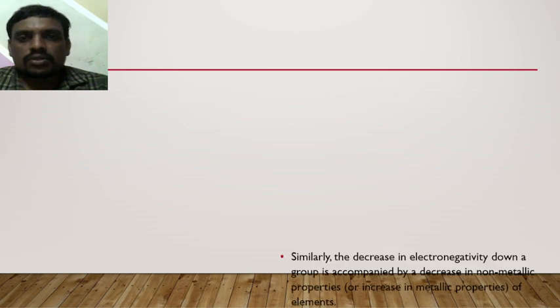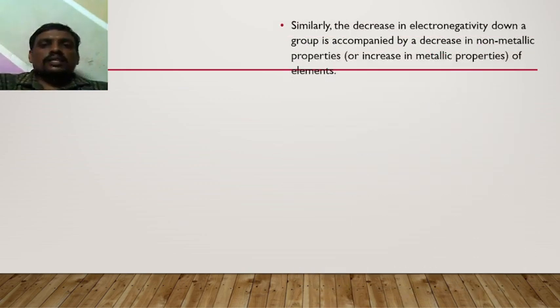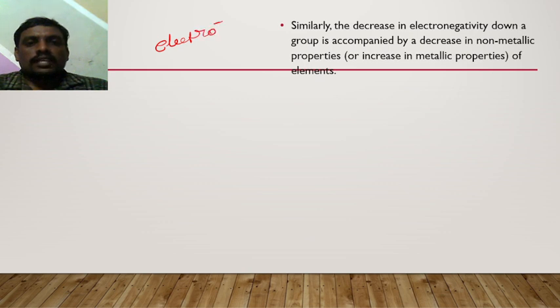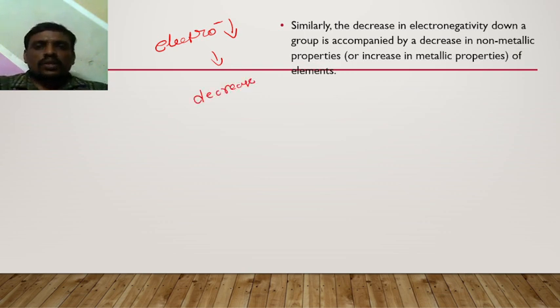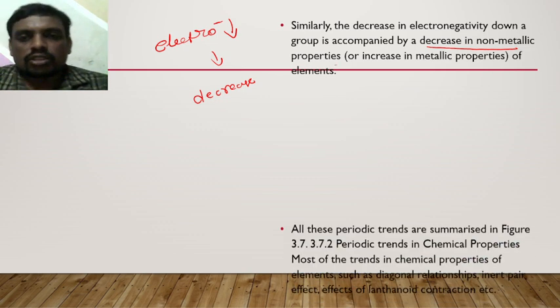Similarly, a decrease in electronegativity down a group is accompanied by a decrease in non-metallic properties and an increase in metallic properties of elements.